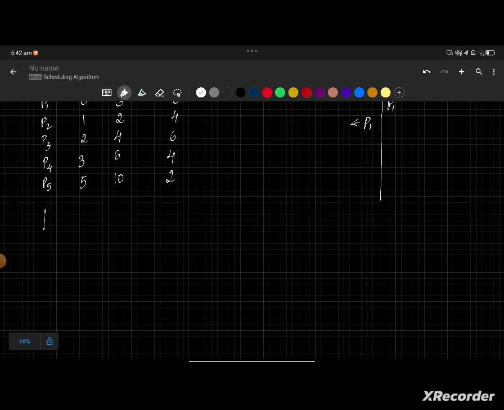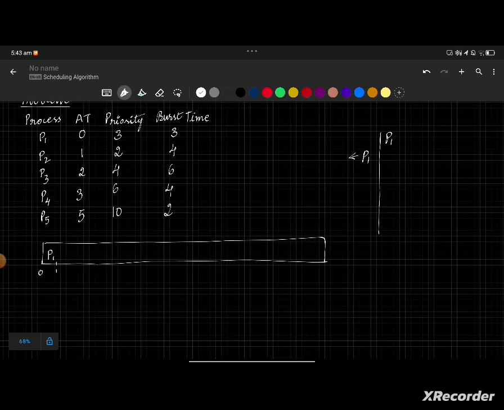I'll draw the Gantt chart here. At the 0th millisecond you assign P1, and whether a process comes in or not, it will always complete the task for 1 millisecond. The burst time of P1 was 3, and it has completed 1 millisecond.